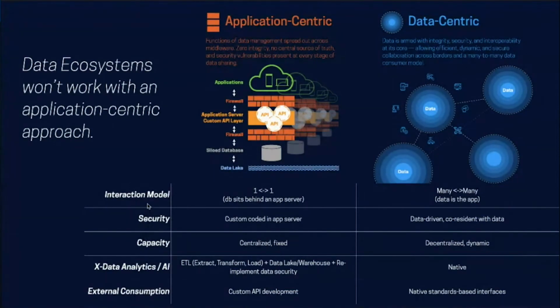The first, and the obvious one that drives a lot of the others, is the interaction model. A typical database in an application-centric world is a one-to-one system. There's one producer of data or updates, and one consumer of data, which is the application that sits in front of the database. In a data-centric world, we have greatly expanded that universe.